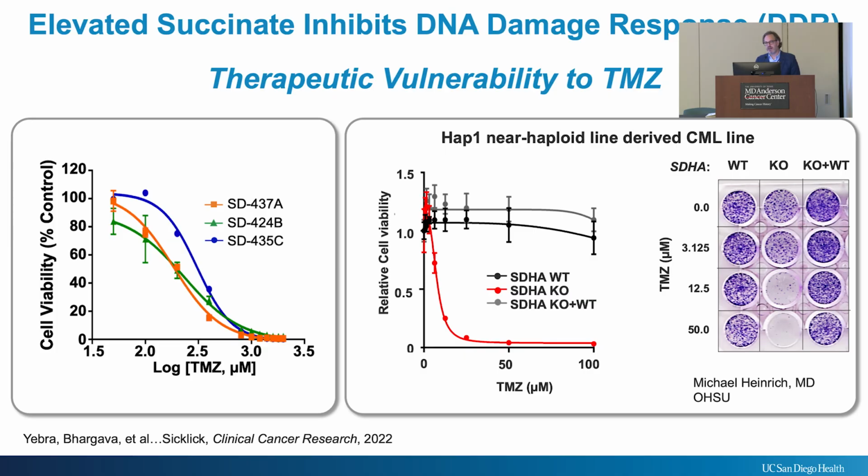If we got rid of the SDHA gene, they became sensitive to the drug, as you can see here also in the red. If we rescued them by giving them back the wild-type SDH gene, they became resistant again to treatment, as you can see on this graph as well, suggesting that perhaps the loss of SDH may be a biomarker for predicting response to temozolomide.